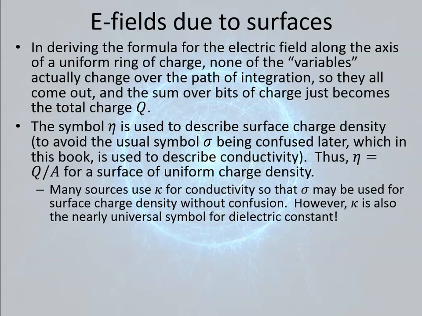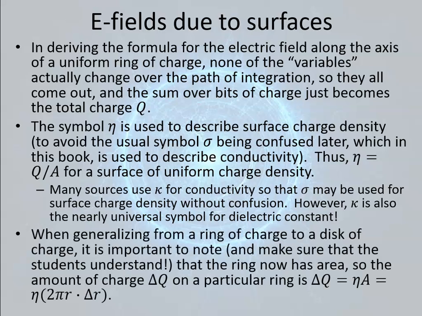And those can often come up in the same equation, and surface charge densities and conductivities can sometimes come up in the same equation. So I think just using kappa for dielectric constant, sigma for conductivity, and eta for surface charge density will alleviate a lot of confusion down the road. So that's the convention that I'm going to use.